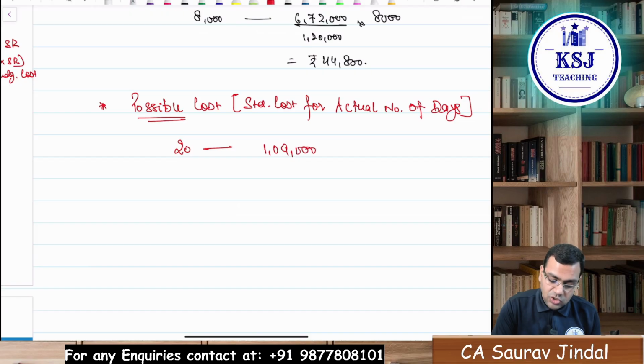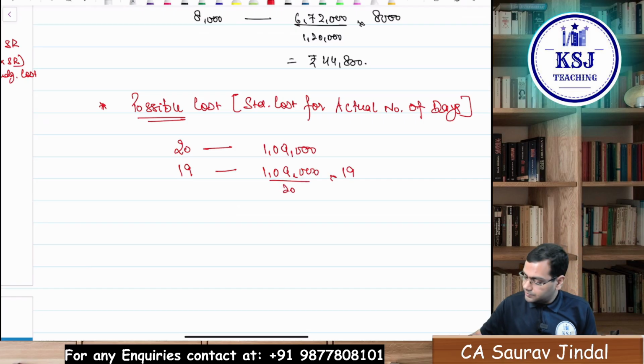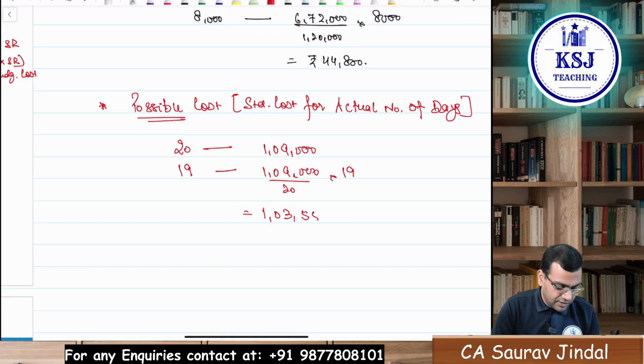What is the actual number of days? That is 19. So what will be the cost for 19 days? Divided by 20 multiplied by 19. So 1,09,000 divided by 20 multiplied by 19 comes to 1,03,550. So this becomes your possible cost.